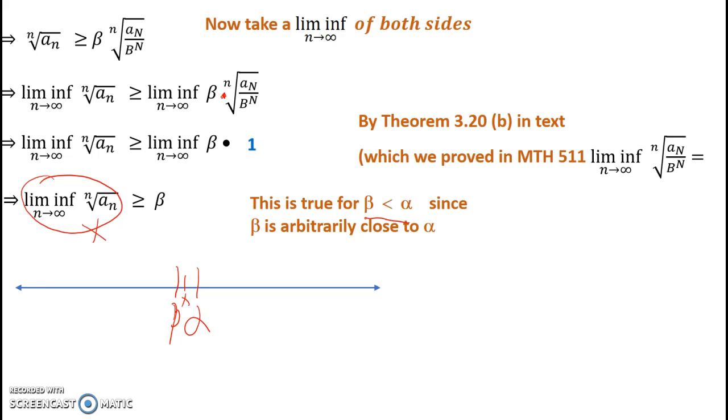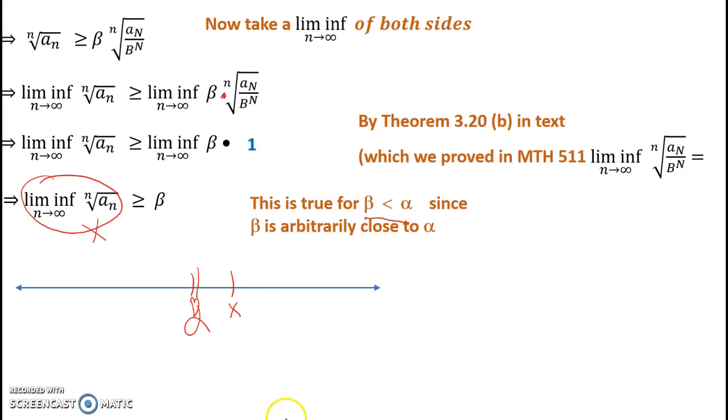Again, beta could get even closer to alpha, and so on and so on, which implies that x, again represented by this expression, will have to be greater than alpha. Again, beta is just a very small number that is arbitrarily close to alpha, so there's no room for x.